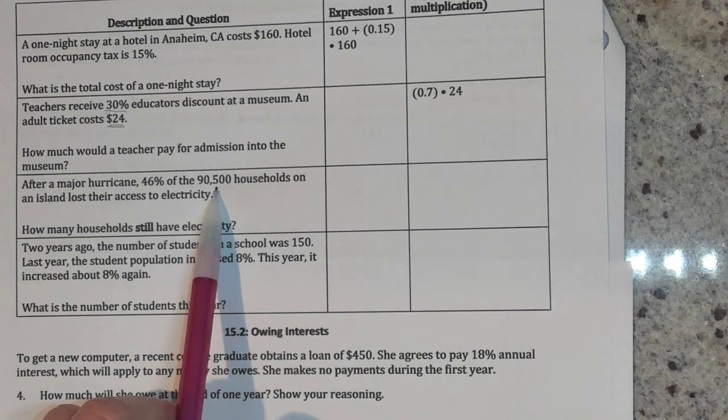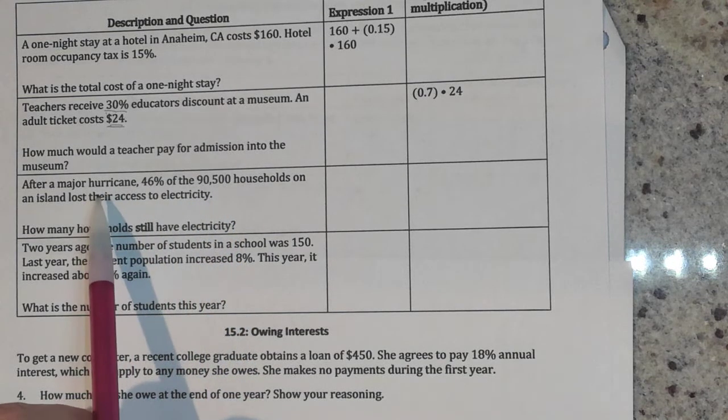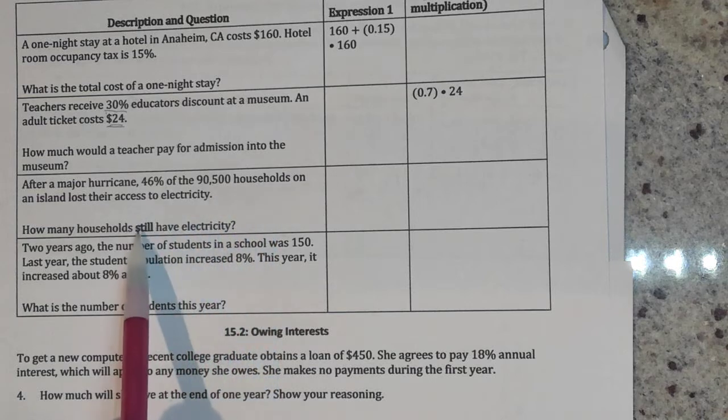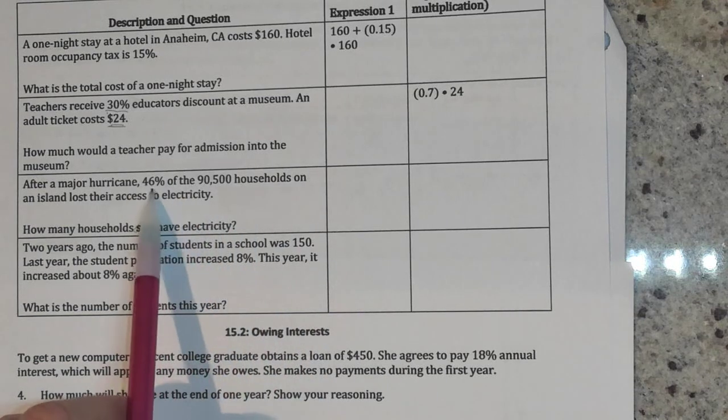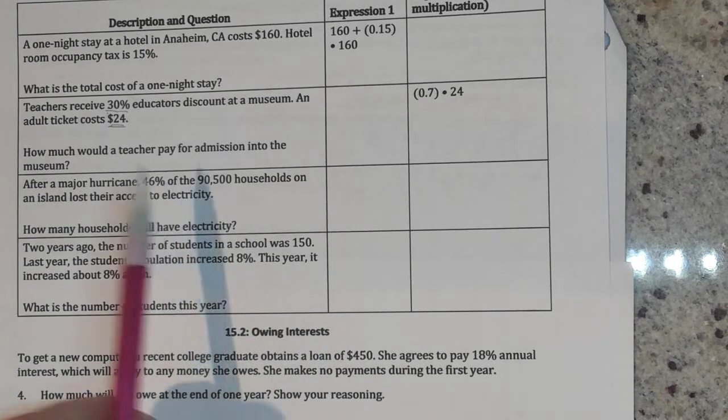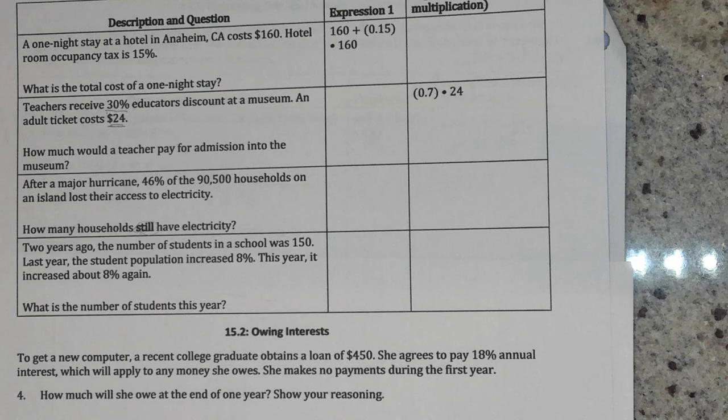So I know my ballpark number is going to be around 45,000. So I need to just keep that in mind. So what we need to do is, how many households still have electricity?